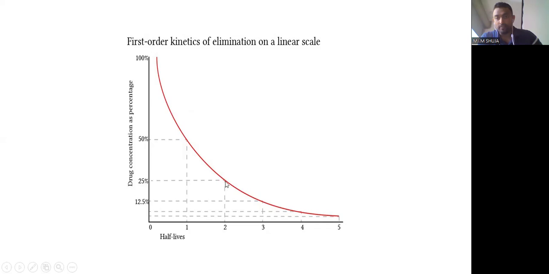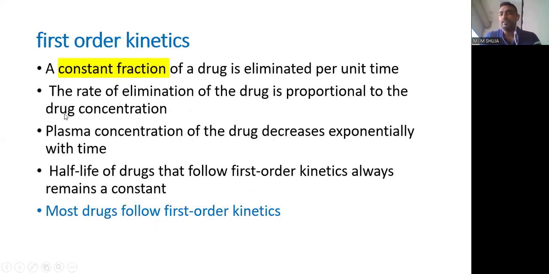After the third, the 25 becomes 12.5, again 50 percent reduction. So the fraction of reduction is the same for each equal time interval, but the amount is not the same. So first order kinetics follows the principle that a constant fraction of drug is eliminated per unit time. All these things are true false MCQ points. Remember it.